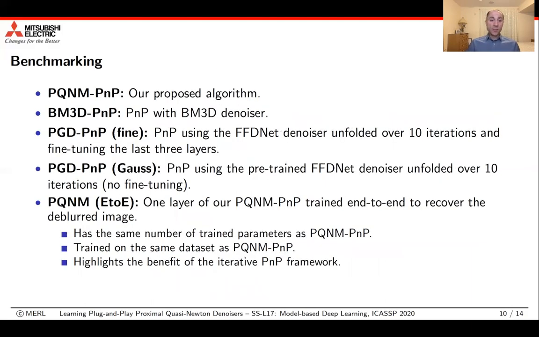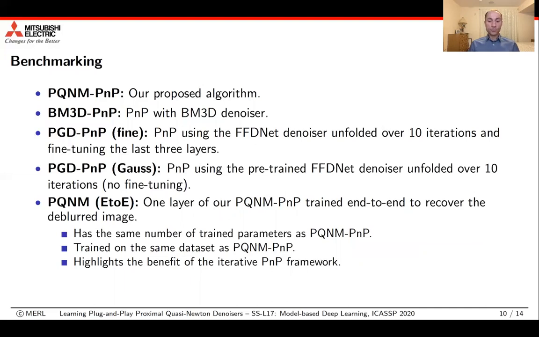We compared with the BM3D plug-and-play algorithm, with standard PGD PNP, basically where we use only the FFDNet denoiser as it is, and then with another version that fine-tunes the last 3 layers of FFDNet.